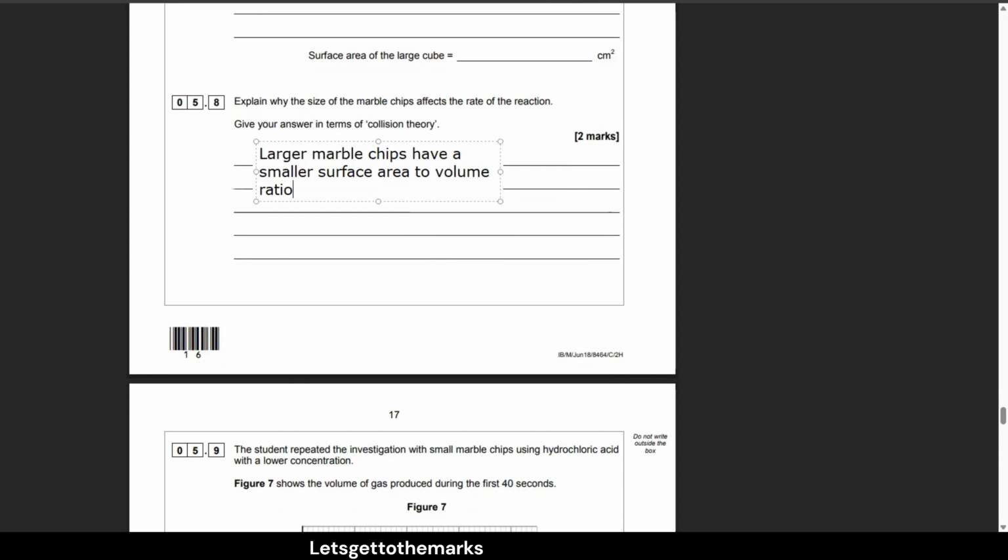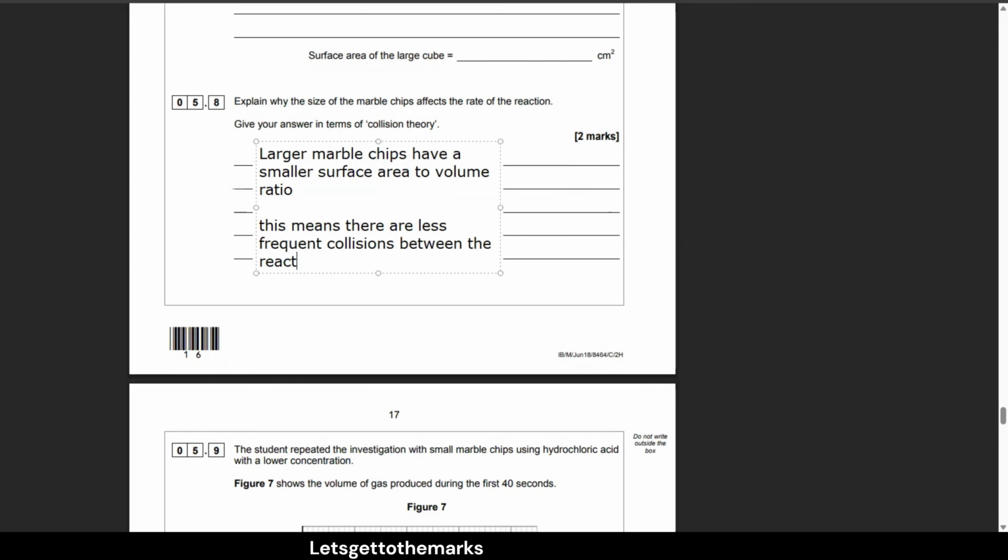This means there are less frequent collisions, there's less particles available to react between the reactants. So you get less successful collisions, less particles available to react. Bish bash bosh.